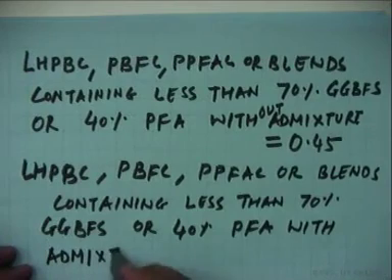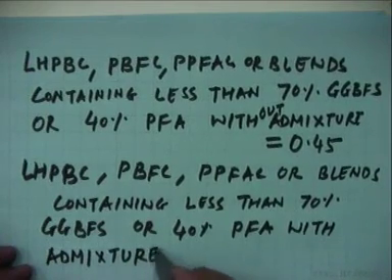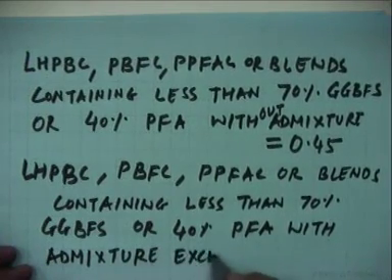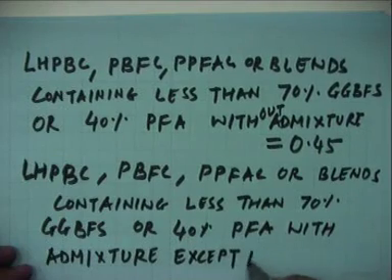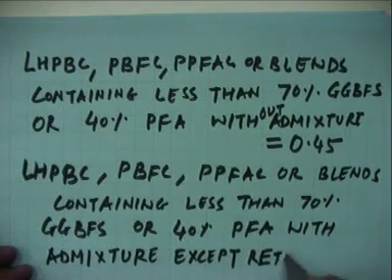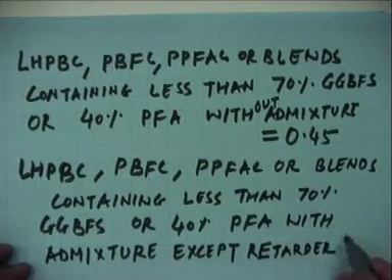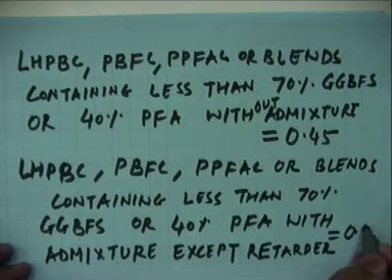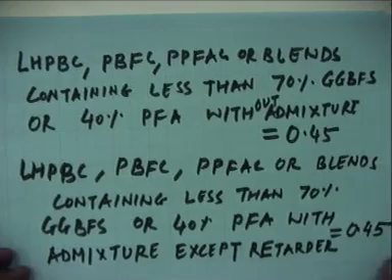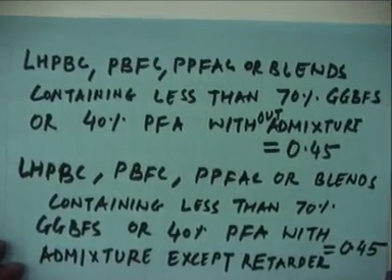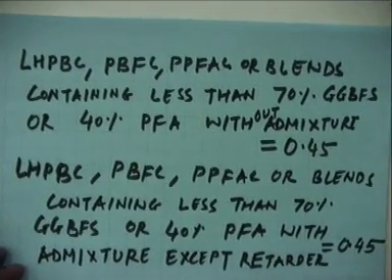In the previous case it was without admixture, here it is with admixture, except retarder, and for this it is 0.45 again. Except retarder, it is 0.45. Then there are two more cases, I will show you after you read this, after you complete this.